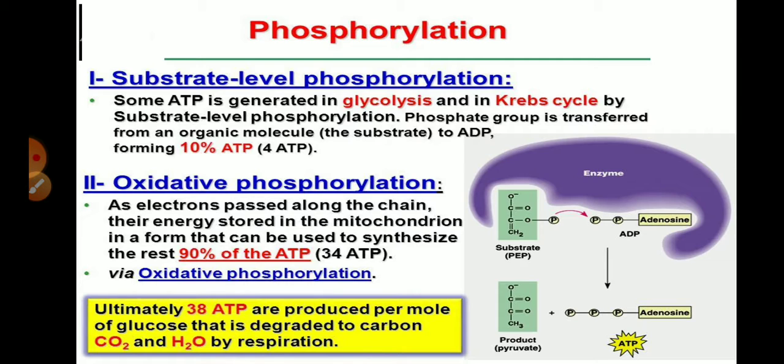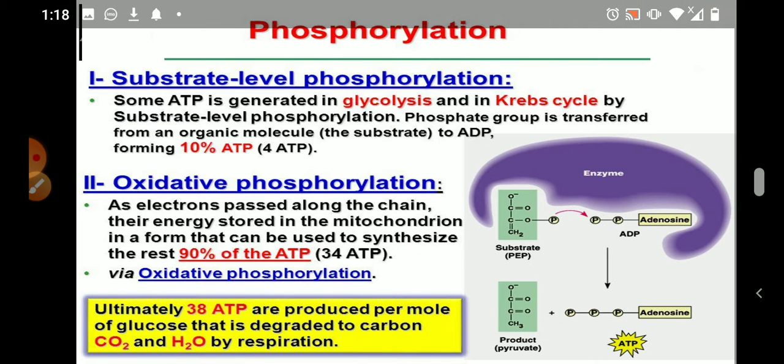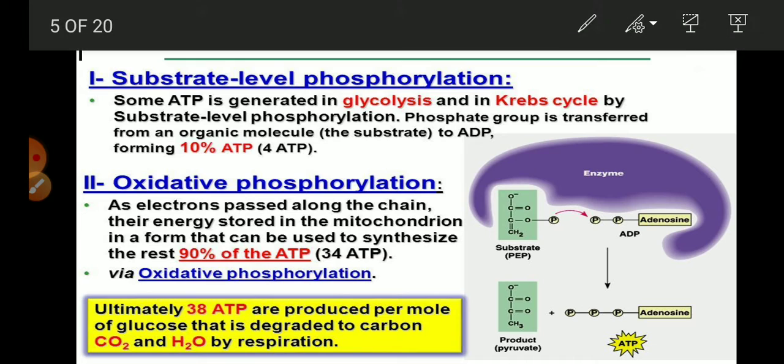So in substrate level phosphorylation, ATP is generated in two steps, glycolysis and Krebs cycle, and that is almost 10% of the ATP produced in all this cellular respiration.